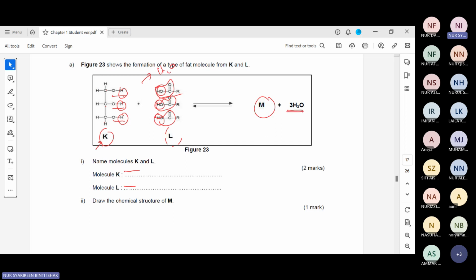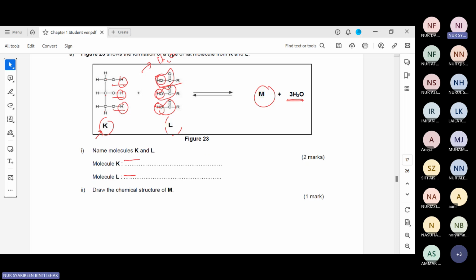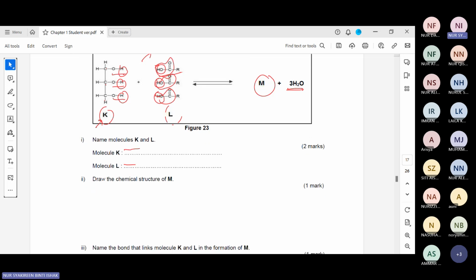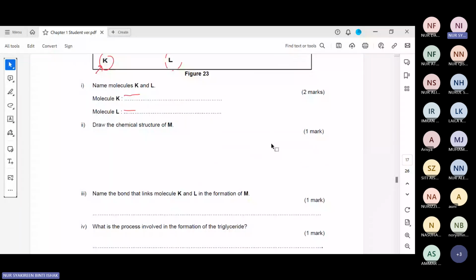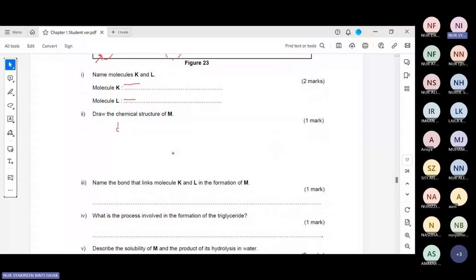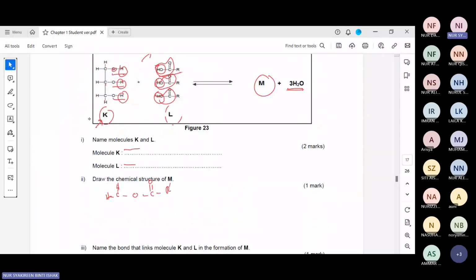So 3 water molecules will be discarded from the reaction. So produk dia adalah antara apa? Bond tu antara O, C dengan double bond O. So draw lah. C double bond O, R. Kita punya side chain dia. So repeat lah 3 kali kan.